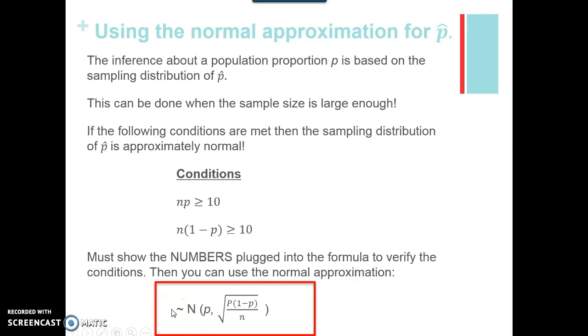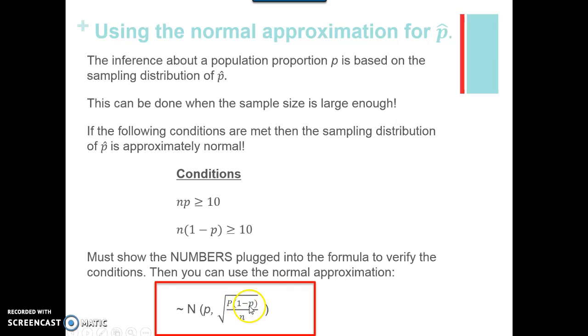Also remember, every single time you do a problem, you want to state approximately normally distributed, approximately binomially distributed, whatever it is. Approximately normally distributed, in this case, the mean is the population proportion p and the standard deviation is the square root of p times 1 minus p over n. Notice these are all in terms of the population proportion. Why don't we use p hat here?